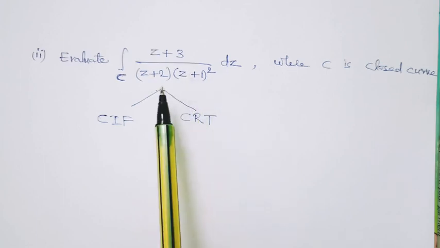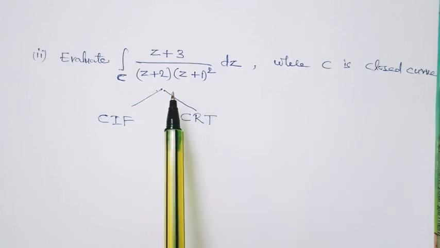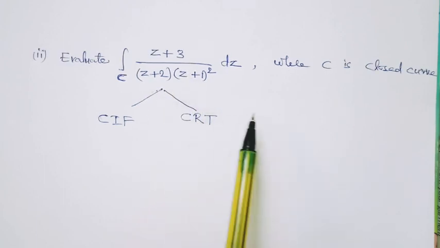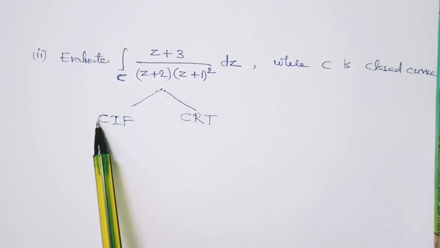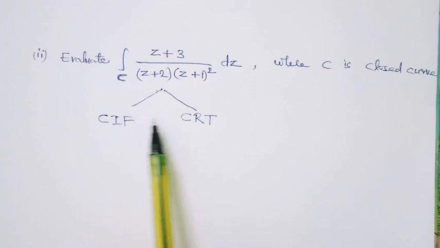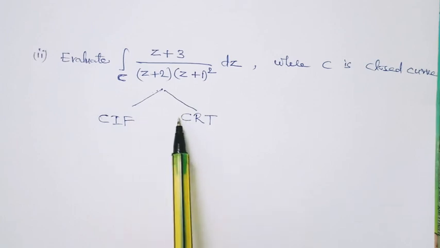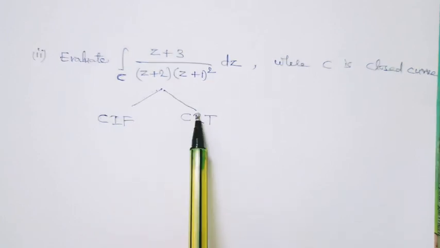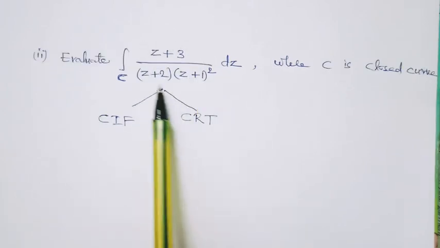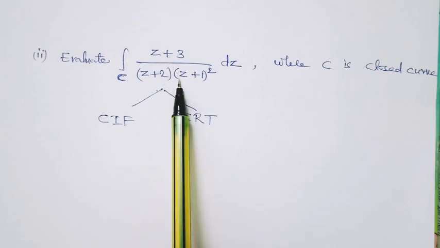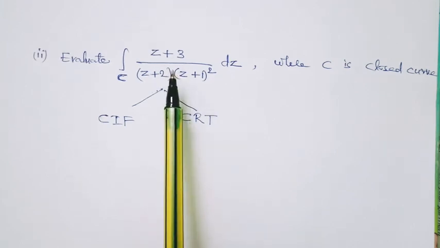you need to study what is Cauchy's integral formula and what is Cauchy's residue theorem. Already you studied what is Cauchy's integral formula in previous topic that madam taught you, and in today's topic you are going to learn what is Cauchy residue theorem. To evaluate this type of problems, that is fraction of functions or quotient of functions, we don't have a direct formula.